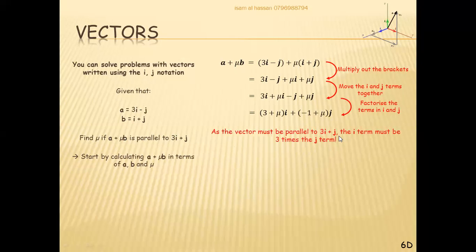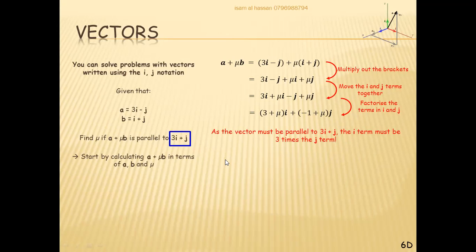As they are parallel, it means the i terms must be 3 times the j terms. This is the i term, and this is the j term.